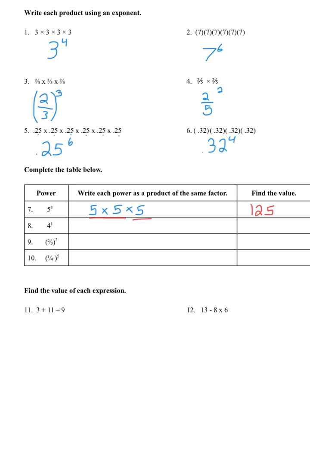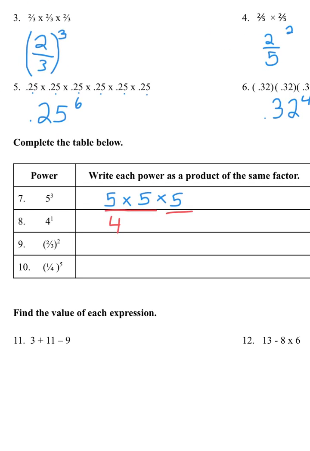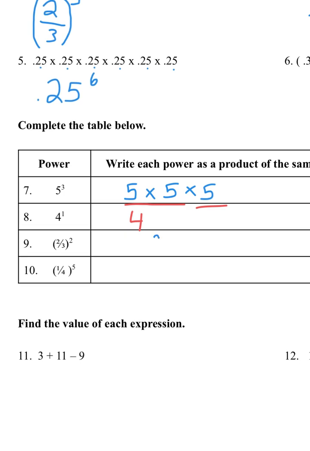Look at number 8. We have 4 to the 1st power. So it's just going to be a 4 by itself. The value is just going to be 4, right? Next one, number 9. We have 2/3 to the 2nd power. So we're going to multiply 2/3 by 2/3.